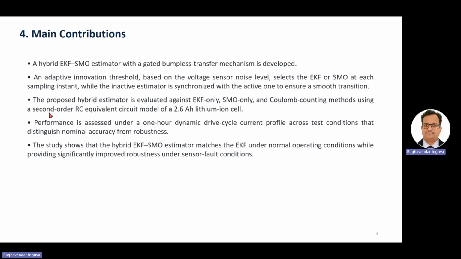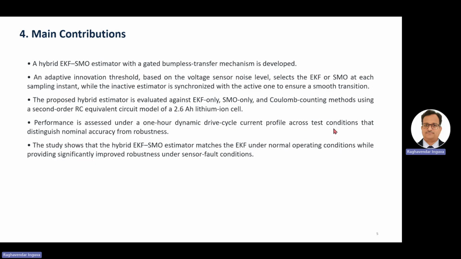So the second order RC equivalent model will have two RC circuits, one with a higher time constant, one with a lower time constant, to simulate the real-time conditions. The performance is assessed under a 1 hour dynamic drive cycle. That is, we have used a 3600 seconds drive cycle current profile across the test conditions.